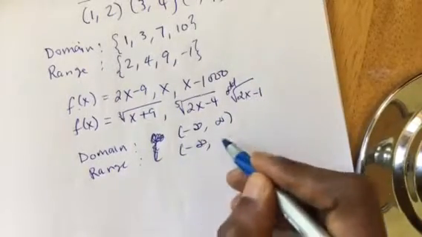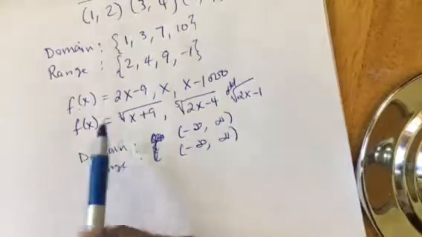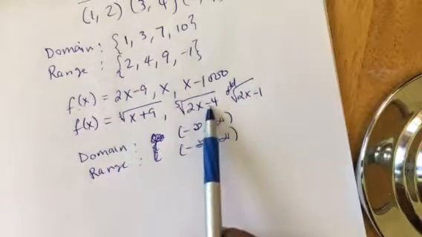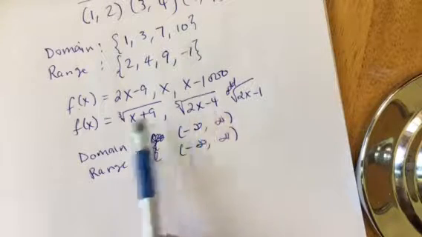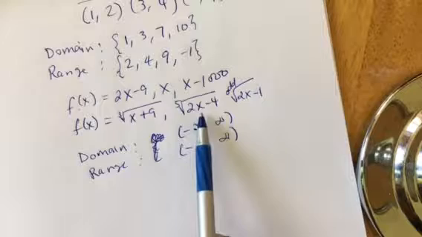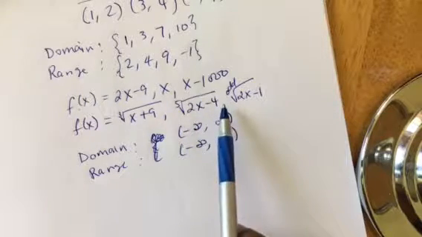Any of these. If it's a linear function, or if it has an odd index, then the domain and range will always be -infinity to +infinity.